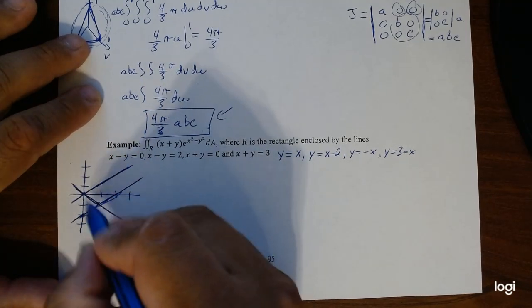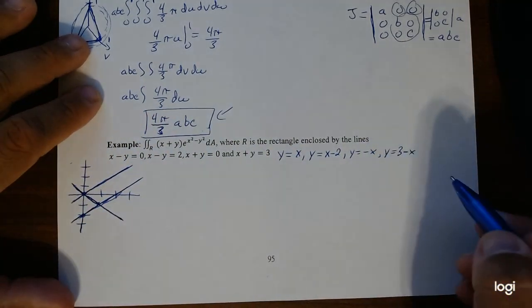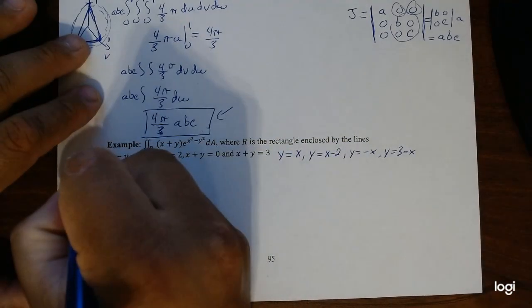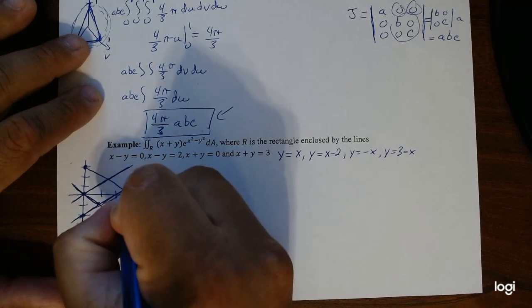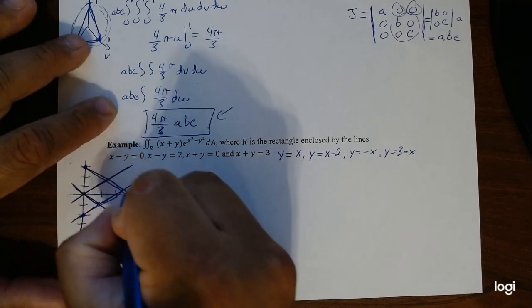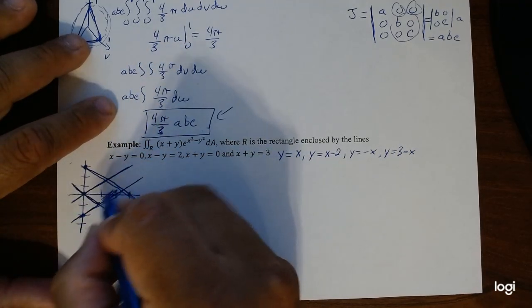So it looks like this region here. And then finally, x plus y equals 3 starts at 3, and the x-intercept is down here, so kind of like that. So the region we're looking for is right here.